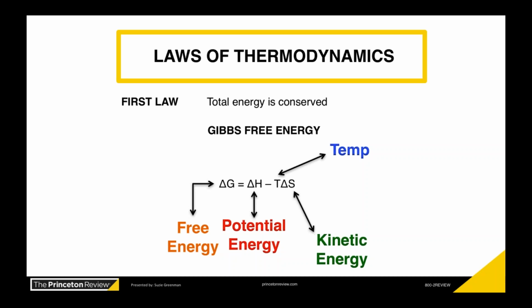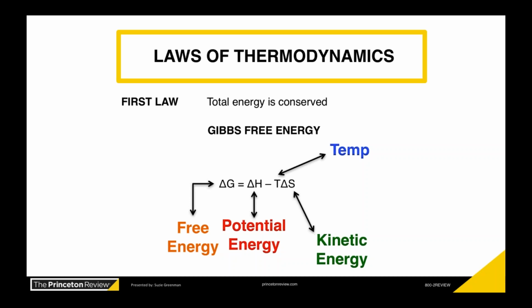So if we're talking about free energy, the question of free energy is: is this reaction going to occur, right? That's what Gibbs free energy is actually asking. Is this reaction going to occur? If I put chemicals A and B into a beaker, am I going to get C without having to do anything extra? So if we liken this to physics, that means that if I put the ball at the top of a hill, is that ball going to roll down on its own?